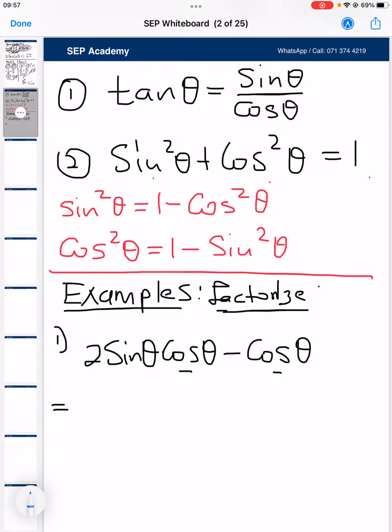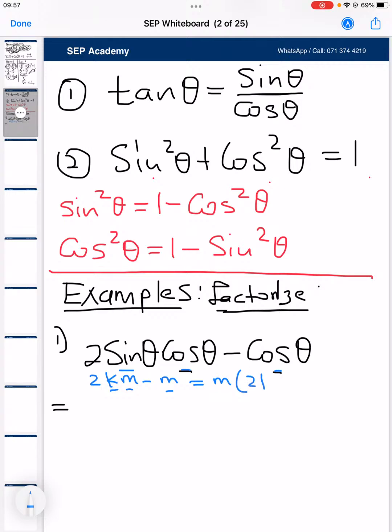It's like you are having 2km minus m. That's what you are having, because the k represents the sine angle, m represents the cos angle, and then m again is the cos angle. So you can always think of the k method, or whatever letter method, where here you end up having m taken out.